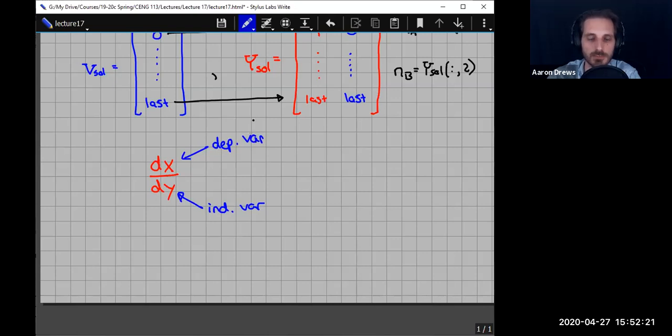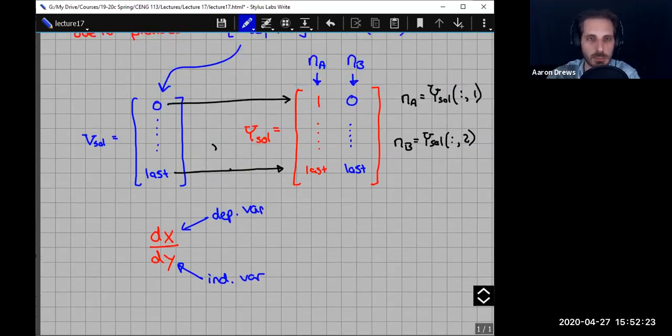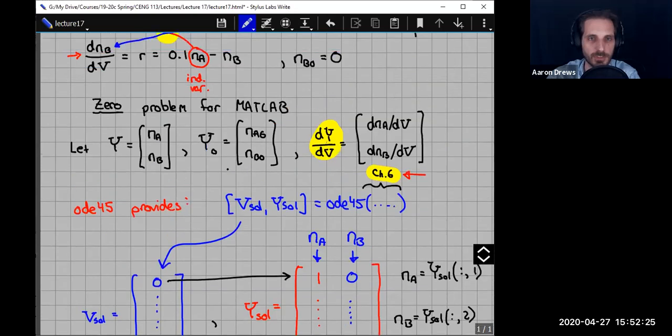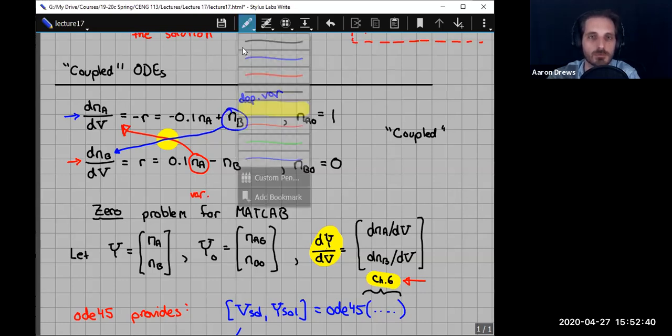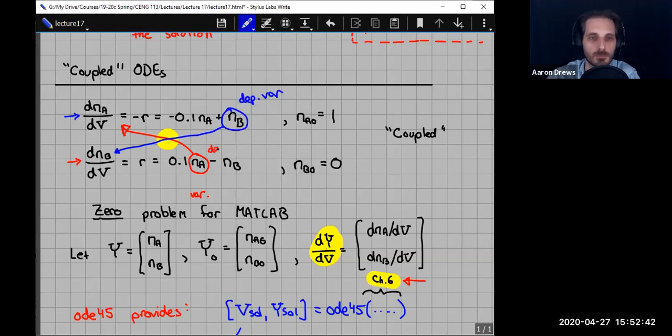Did I not write that somewhere else correctly? Oh, yeah, right there. Fix that. These are your dependent variables. Right, and then in this expression, it's the v over here. This one is your independent variable.